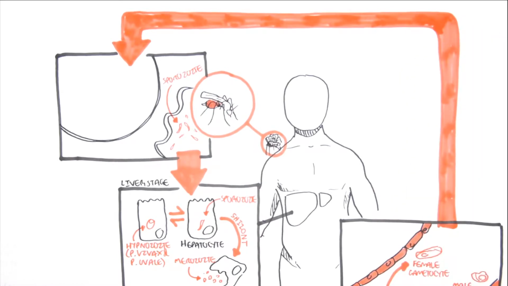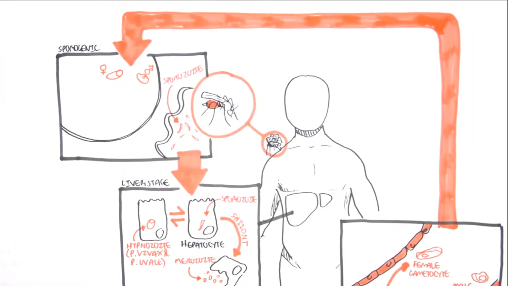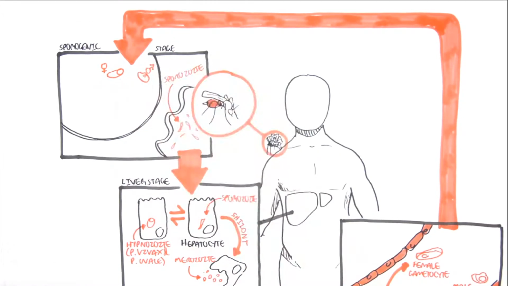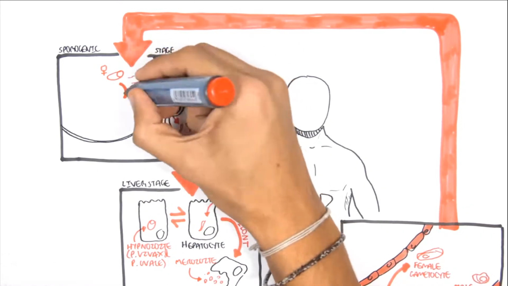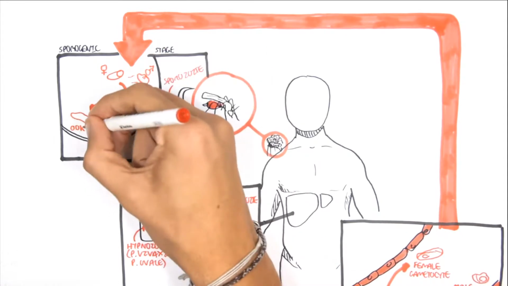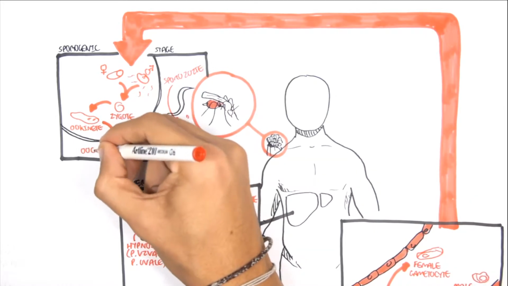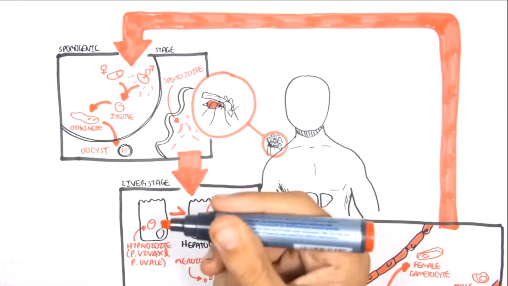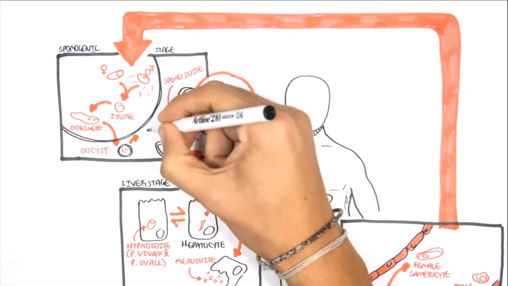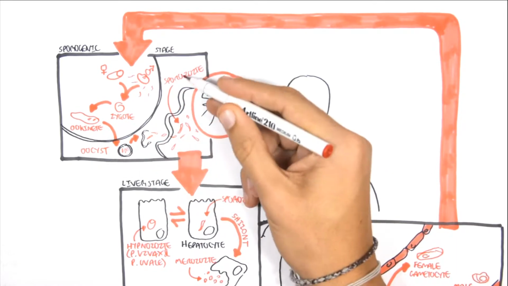Now, in the stomach of the mosquito, the male and female gametocytes, which have just been taken in, can form a zygote. The zygote will mature into an ookinete, then be released by the stomach as an oocyst. The oocyst then matures and ruptures, releasing its content, which are the sporozoites.